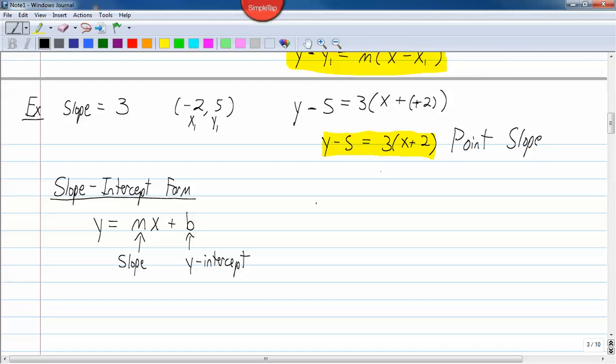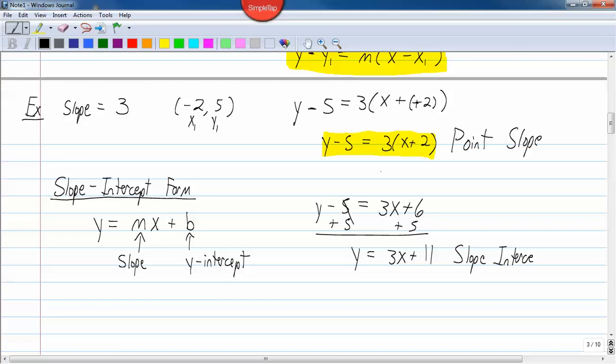So I would have y minus 5 equals 3x plus 6. And then get y by itself, so add 5 to both sides. Y equals 3x plus 11. That is the slope-intercept form of the equation of a line.